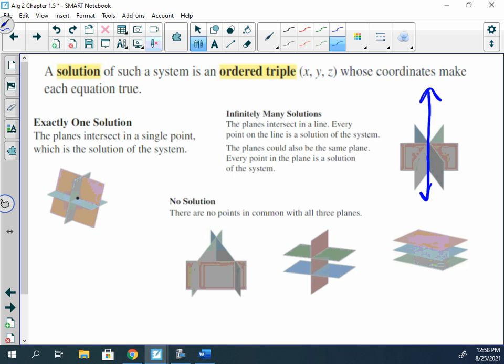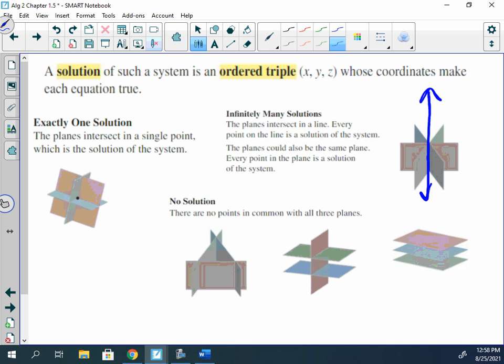Now, in this class, we're not going to get too in-depth on defining that line, because we can come up with equations that will define that line, and we could find any point on that line, because we normally denote it as A, give it a letter A, and any value for A that we plug in would give us an ordered pair that works for all three. But here we consider it to be infinitely many solutions. There's an infinite number of them.